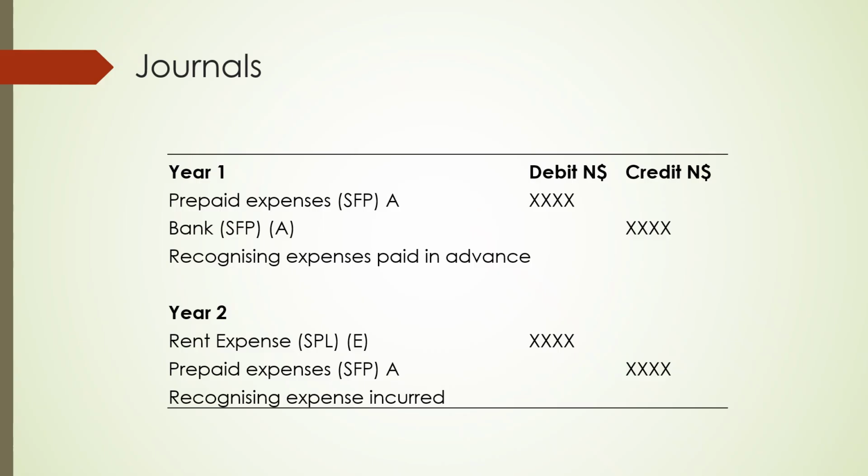In year 2, the accountant will debit the rent expense and credit the prepaid expense to derecognize the prepaid expense. In this year, our statement of profit or loss is affected by the debit entry that was passed when debiting the rent expense.